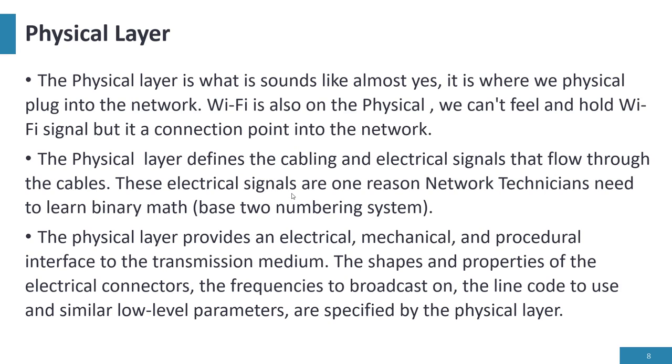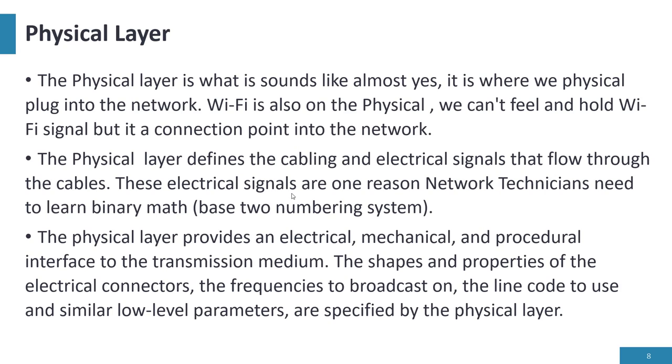These electrical signals are one reason why network technicians need to learn binary math, the base 2 numbering system. The electrical signals go through at an extremely high rate, and the computer is able to use those signals to process the data.